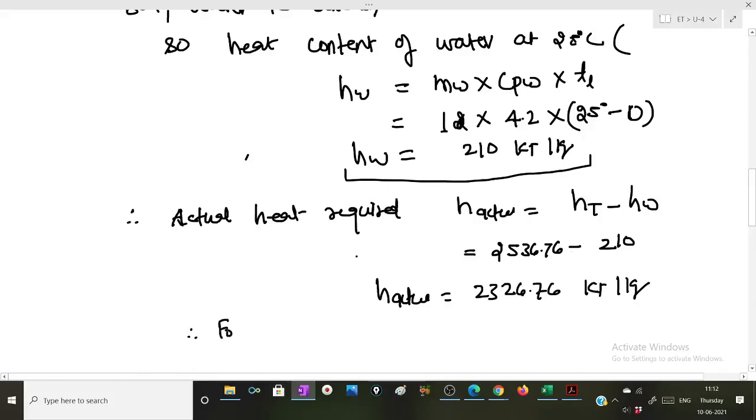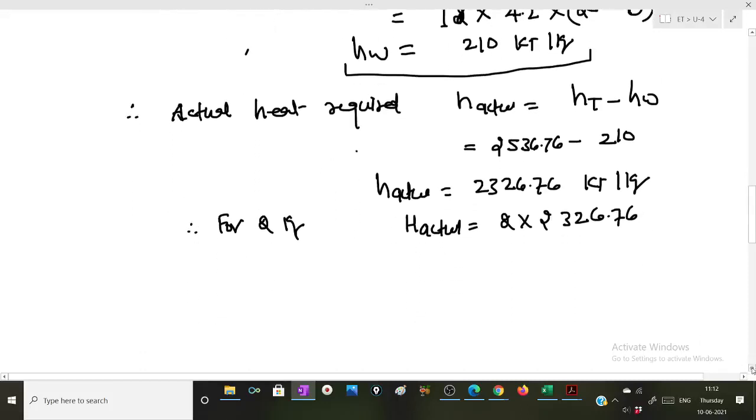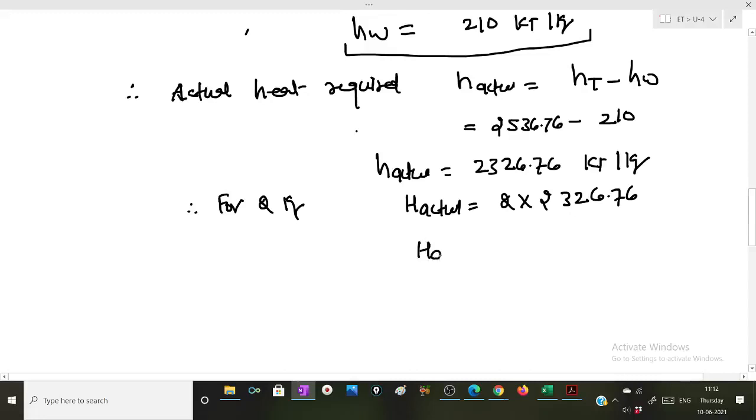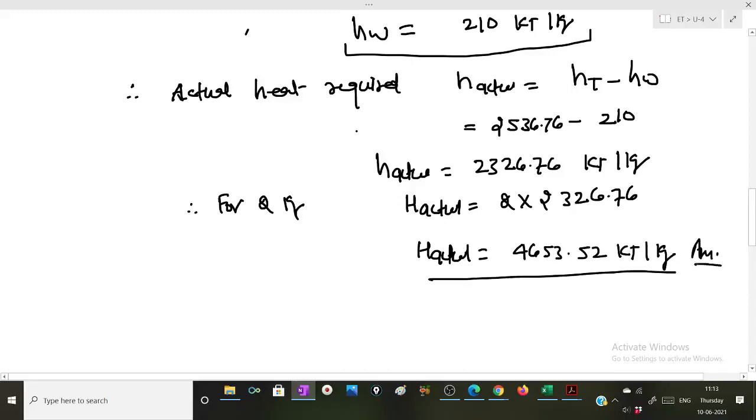And we have been given 2 kg of mass. So this will become 2 into 2326.76. So the total enthalpy or heat will be 4653.52 kilojoule. This will be the answer. So this way you can solve such numericals.